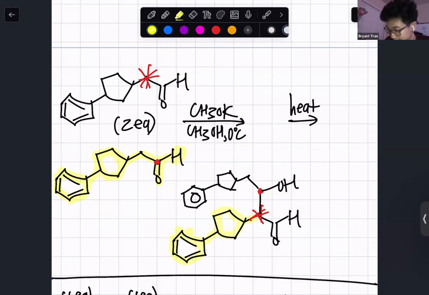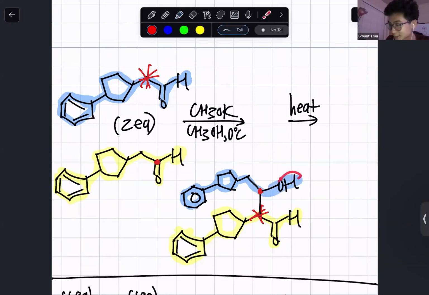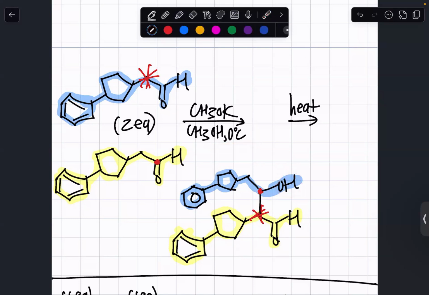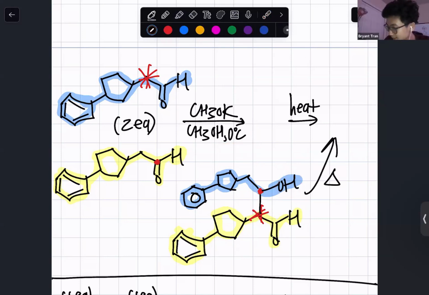Nothing touches that molecule. Everything else is copy and paste. But the blue molecule is where something did change, because there's no more carbonyl. It's a single bond OH now with no heat. But once we introduce heat, this is what we get.